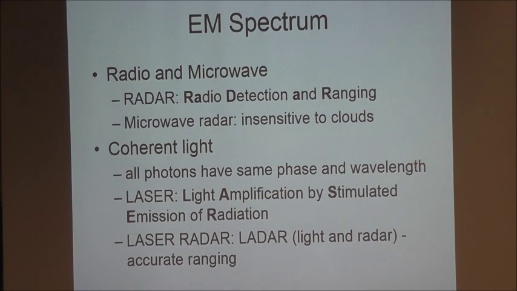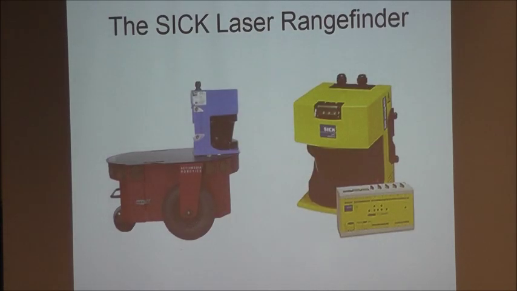And then they put the two technologies together, and it became LADAR. Okay. And has a lot of defense applications. SICK laser rangefinder is another sensor which is commercially available, which you can put on your Pioneer robot and things like that.